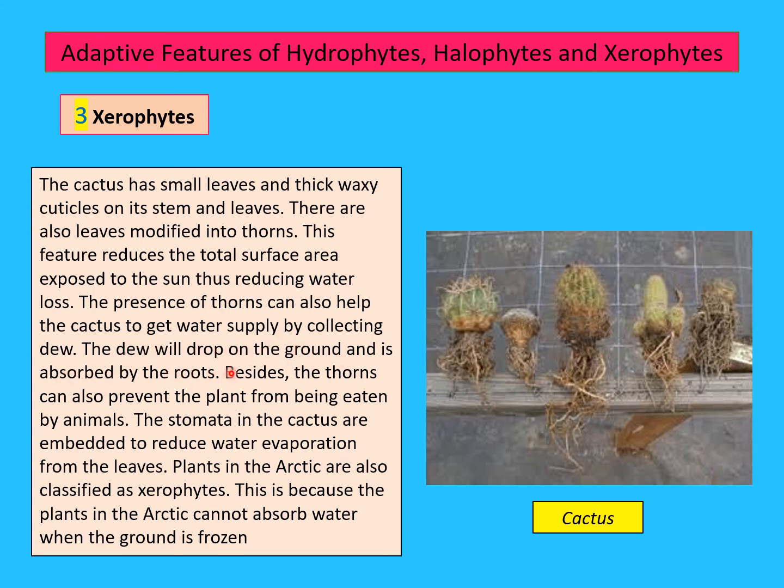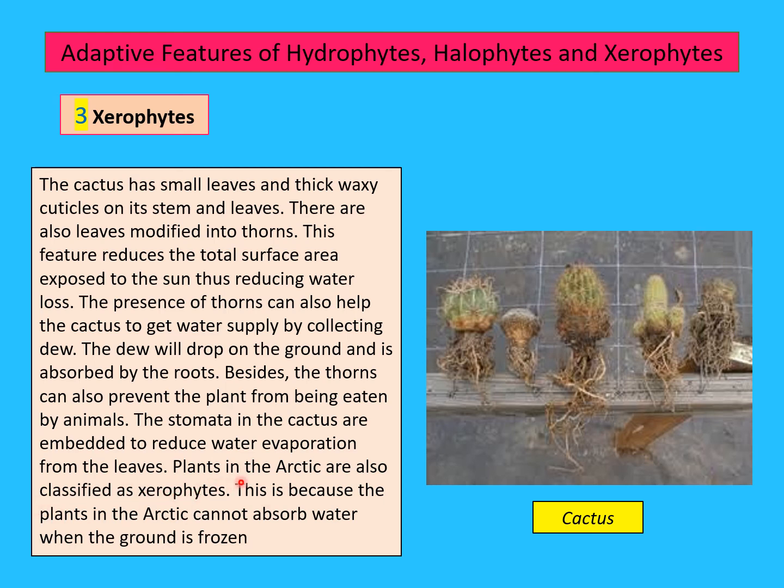The dew will drop on the ground and be absorbed by the roots. Besides, the thorns can also prevent the plant from being eaten by animals. The stomata in the cactus are embedded to reduce water evaporation from the leaf.